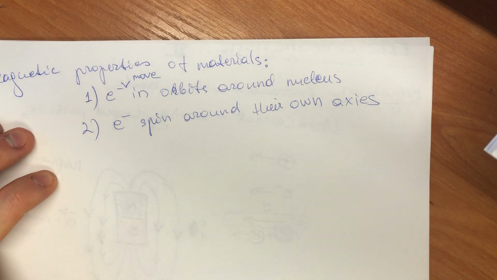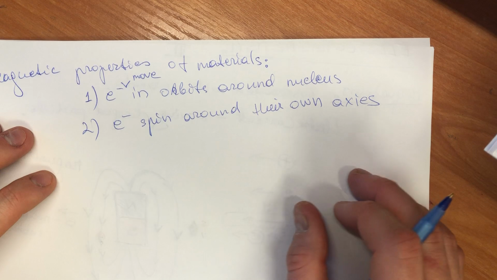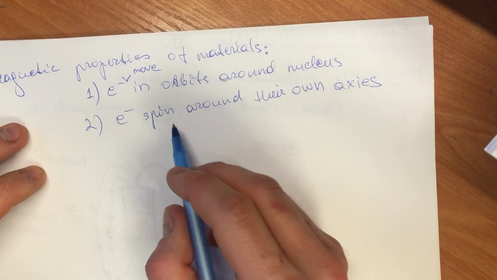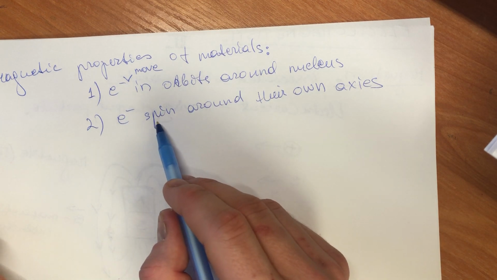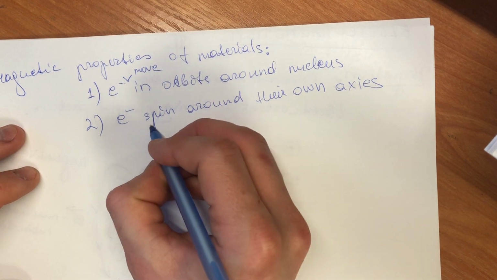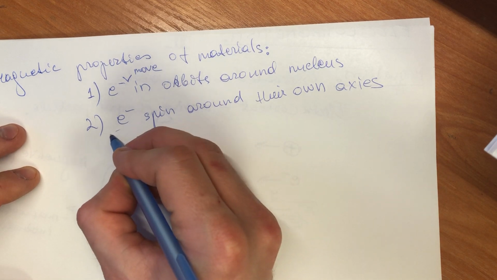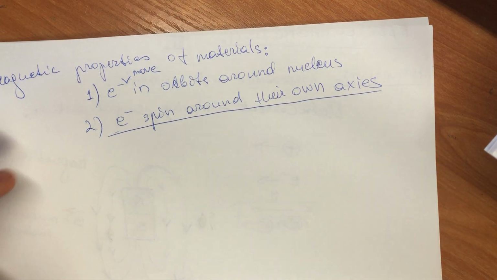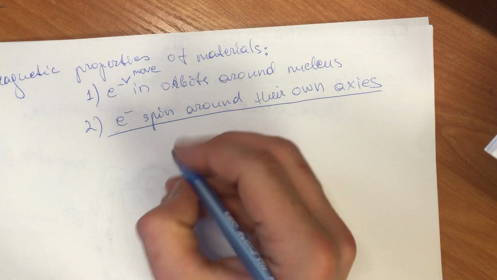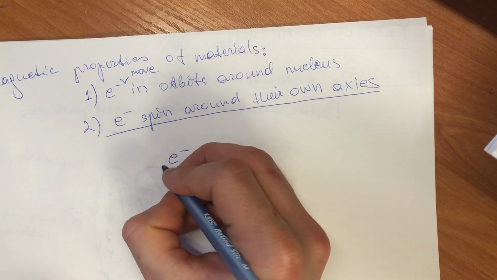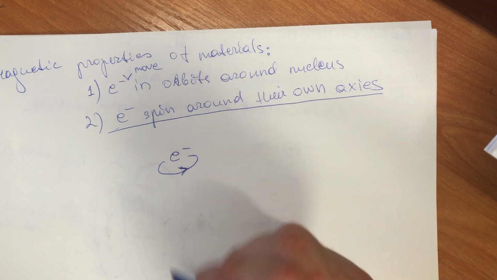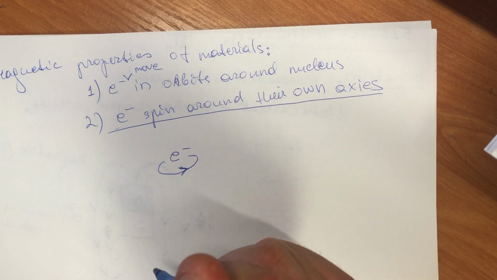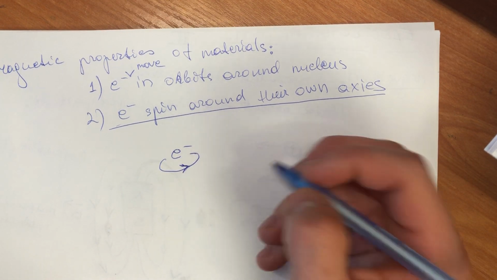Like Earth is moving around its own axis, spinning. So this spin of electrons around their own axis is responsible for the most part of the magnetic properties. So an electron spinning around its own axis is producing a magnetic field. It is like a little magnet. So an electron is like a little magnet.